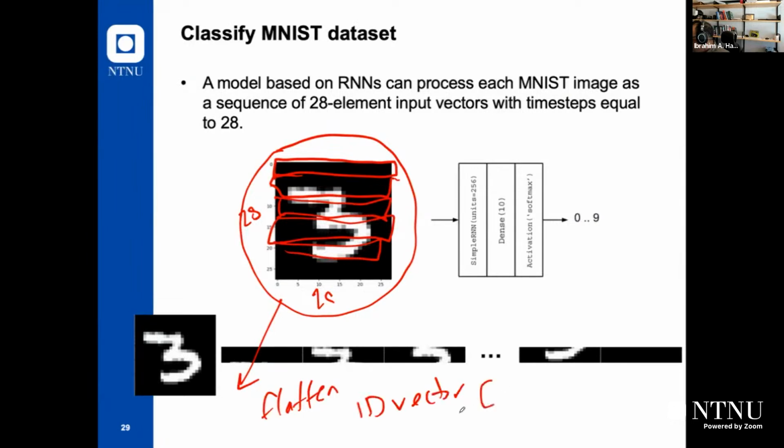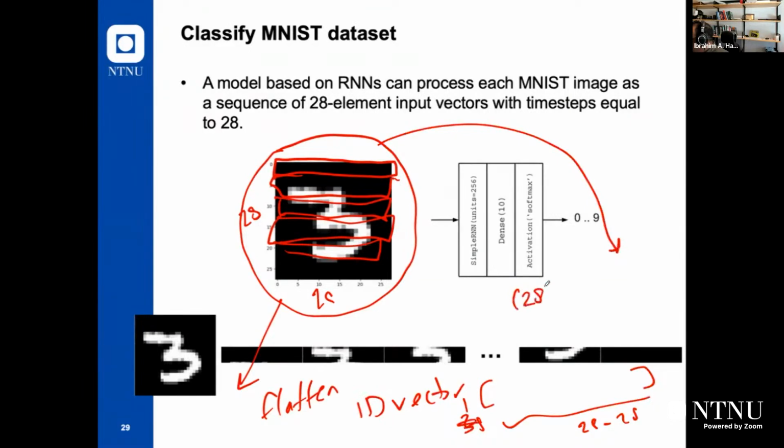Which will be like 1 times 28 times 28. So this dimension will be 28 times 28, or you can say that I will convert this into an input shape of 28 times 28.